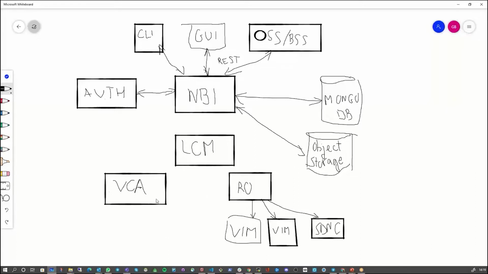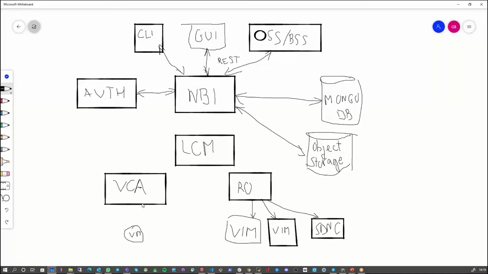Once they are running as VMs in those VIMs, there could be some primitives for day-one configuration, such as running some stuff in the virtual machines. This is done by the VNF Configuration and Abstraction, the VCA module.